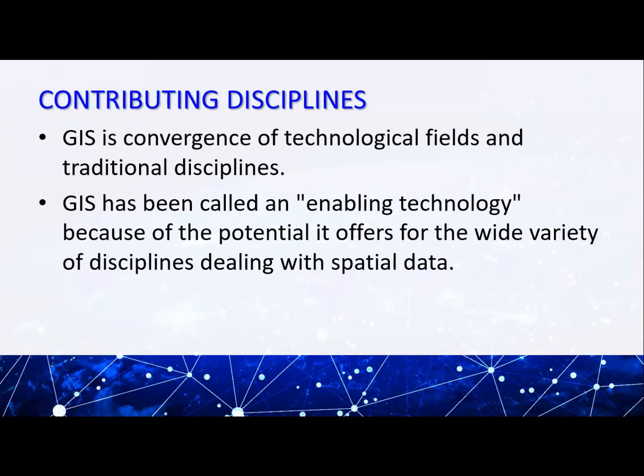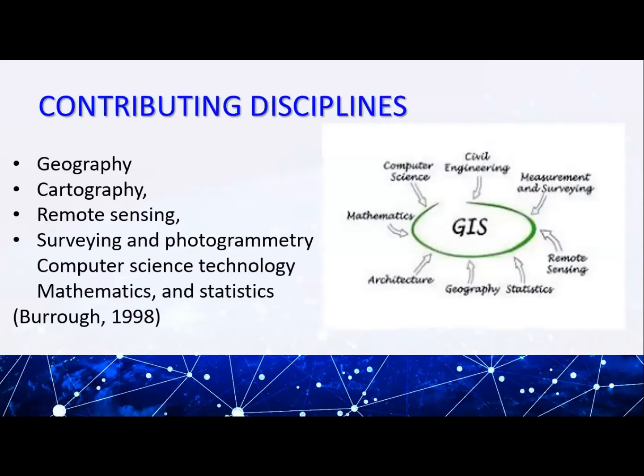And that's why we say that a number of technological fields converged together to come up with this system called GIS. So of course, the main contributing discipline was geography and cartography, because cartography has to do with maps. So GIS looks at visuals, how you display maps.